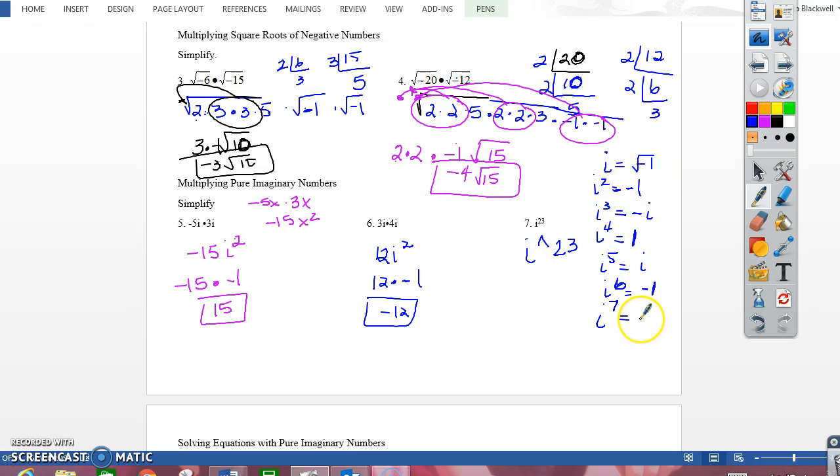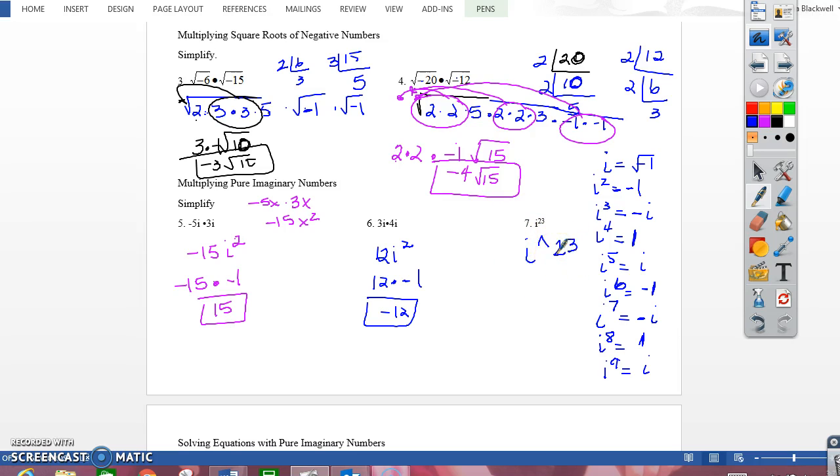So it would be negative i, because i is the square root of negative 1. And you see how the pattern is starting to repeat? So i to the 8th would be 1. i to the 9th would be i. And you could go on and you could repeat that until you get to i to the 23rd.